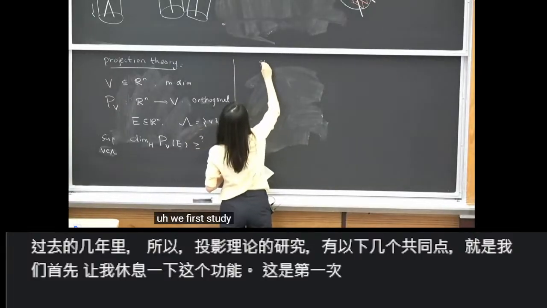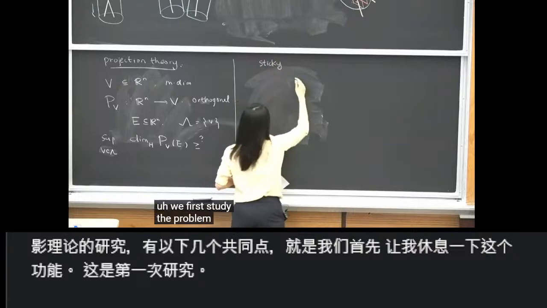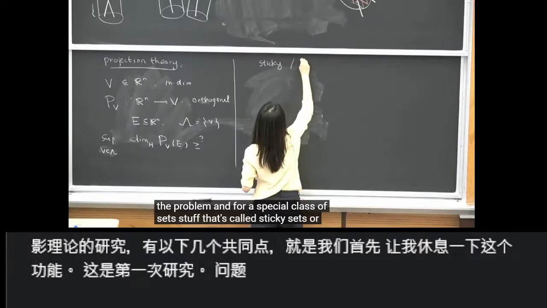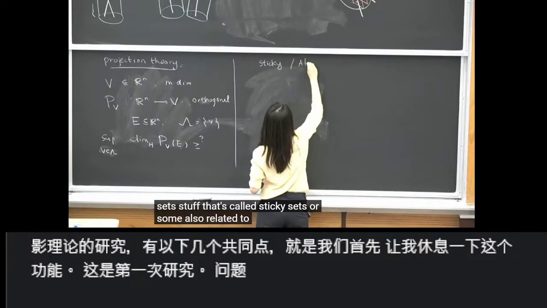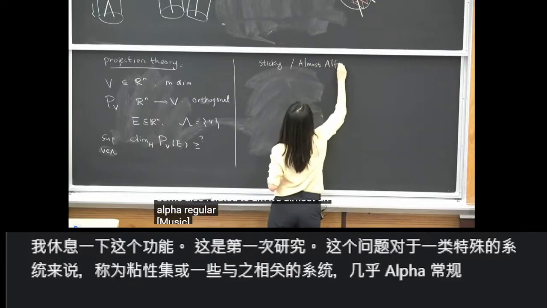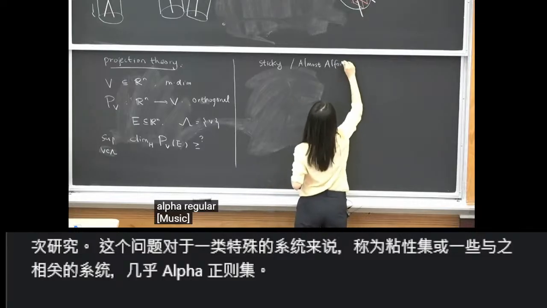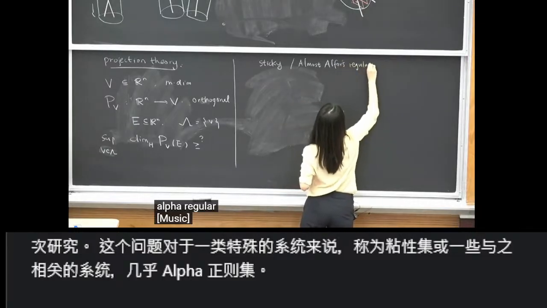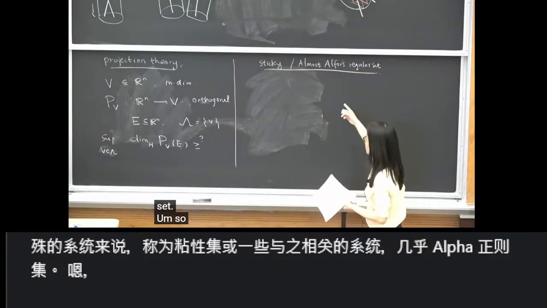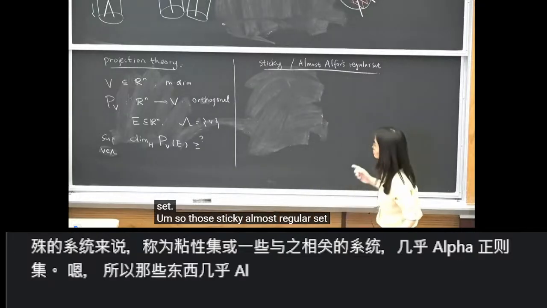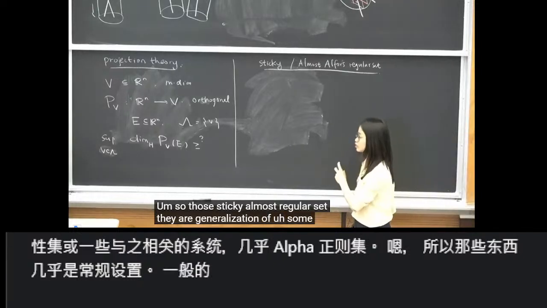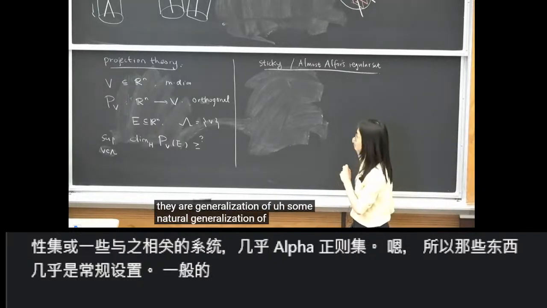We first study the problem for a special class of sets called sticky sets, or also related, almost alpha regular sets. Those sticky, almost alpha regular sets are a natural generalization of self-similar sets.